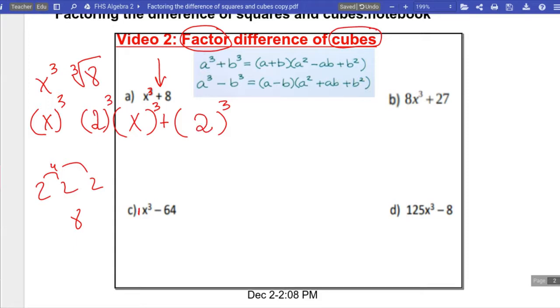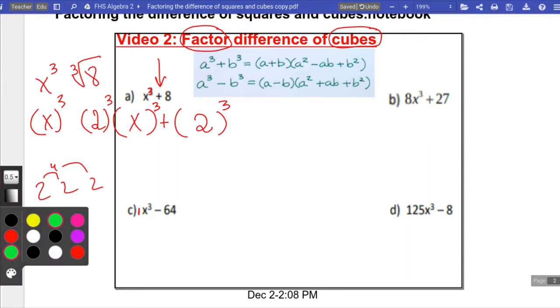All right, next thing is to identify your formula. What formula would I use that would work? Because I have a plus right here, will it be formula number 1 or formula number 2? Based on this plus, I would have to go with formula numero uno.